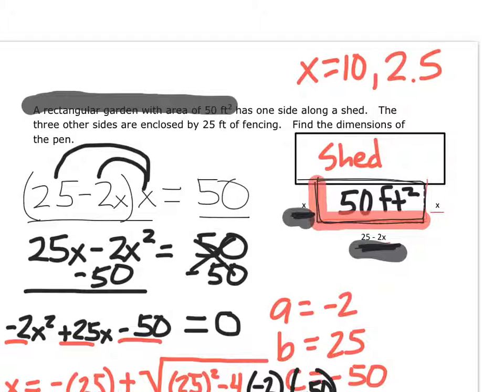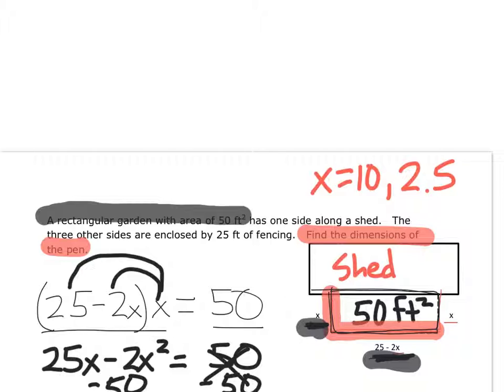But once again it said to find the dimensions of the pen. So what I need to do is substitute this 10 in for this x, and I also need to substitute the 2.5 in for the x. So let's do the substitution here.